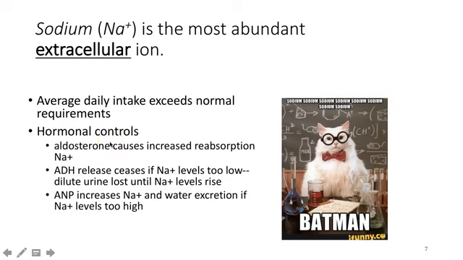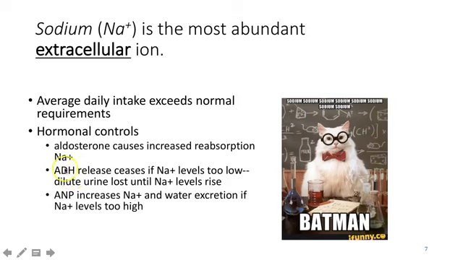Again, hormones will regulate our levels of sodium. So aldosterone will cause an increase in sodium reabsorption. If your sodium levels are too low, antidiuretic hormone actually will cease to be released. So let's think about that. If your blood sodium levels are too low, it's probably because you have too much fluid in you, or it's too dilute, and you'll have a hard time with proper nerve and muscle contractions.